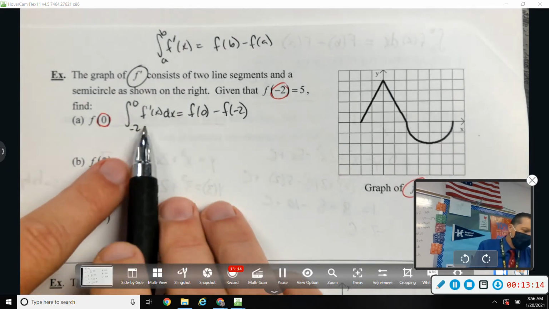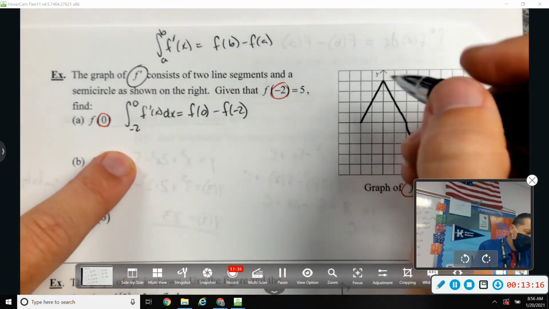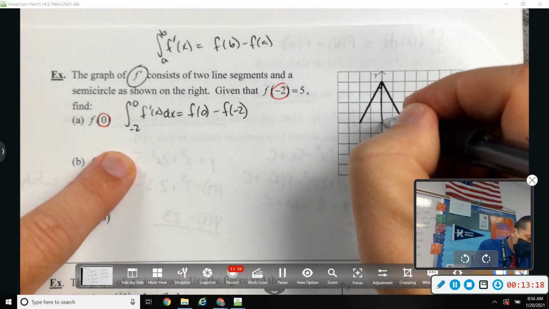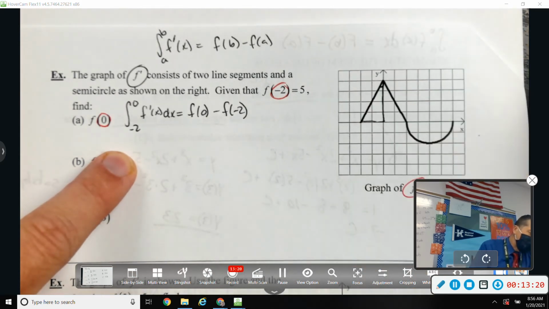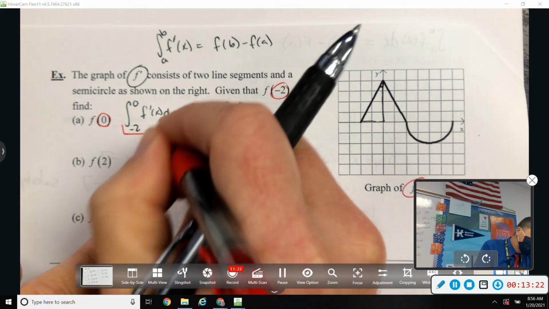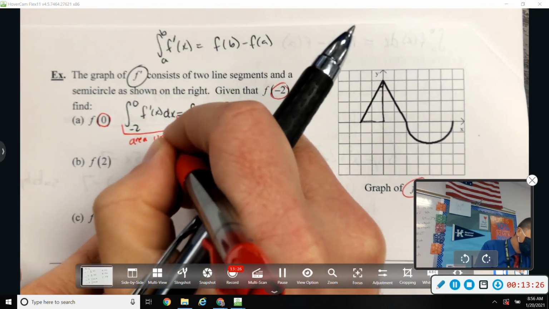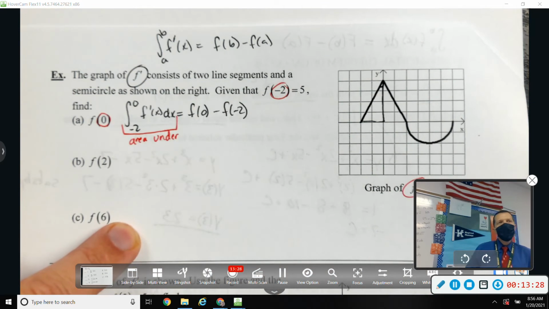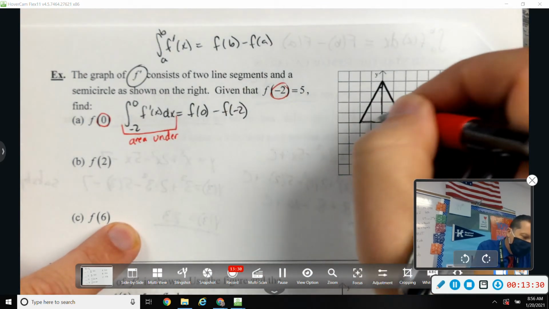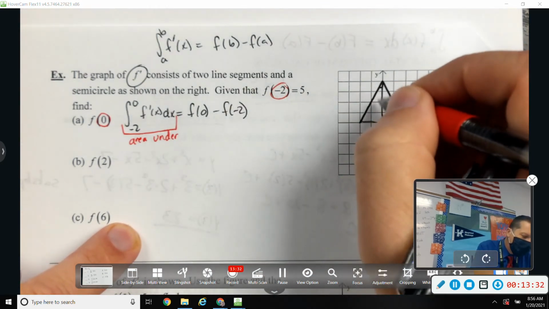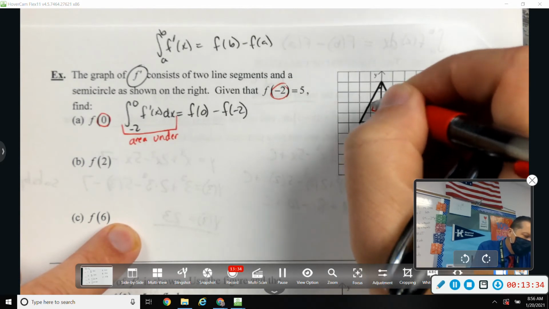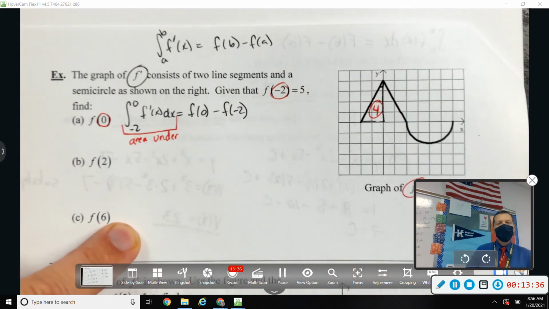So the integral of f prime from negative 2 to 0, well, I can get that from area under the curve. Let's see, 2 times 4 is 8, divided by 2 is 4. So that area is 4.